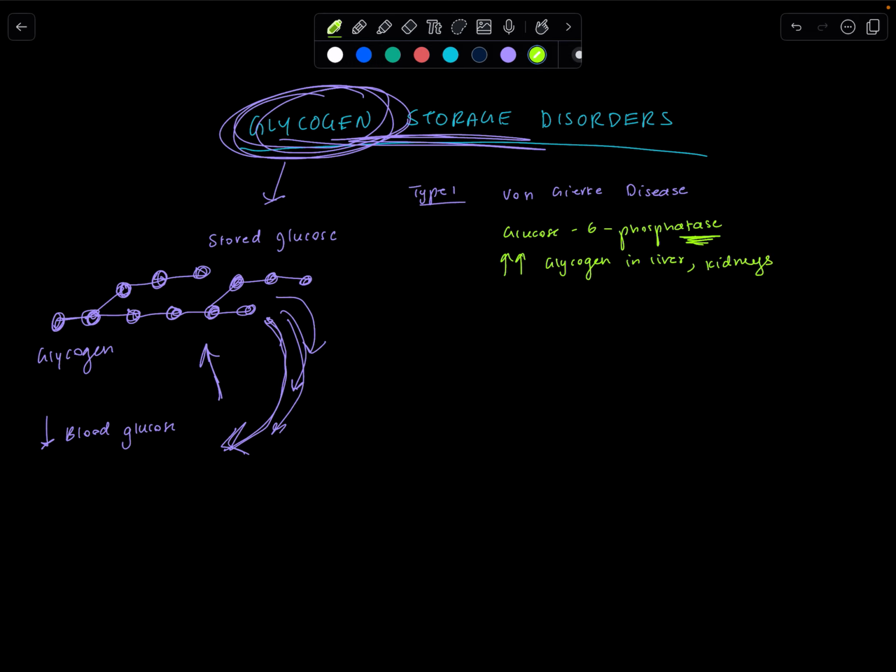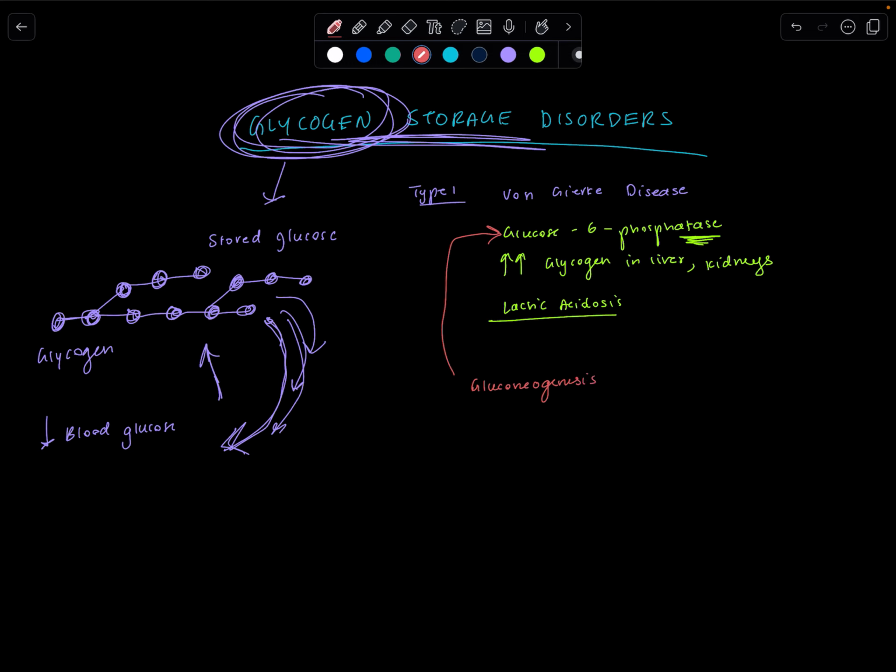And something that presents in von Gierke disease that does not in the other glycogen storage disorders is something called lactic acidosis. There's too much lactate. And why is that? That is because glucose 6-phosphatase, this should sound familiar too, is an enzyme involved in gluconeogenesis.